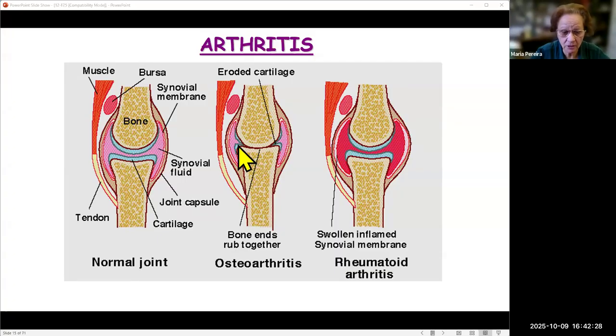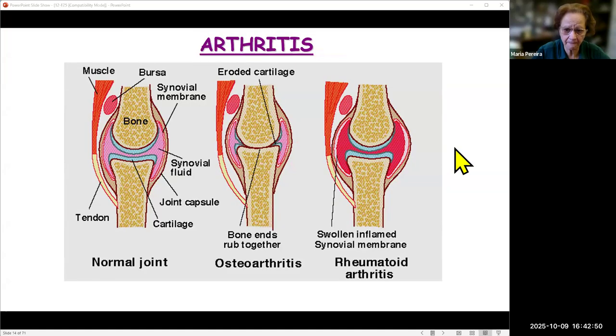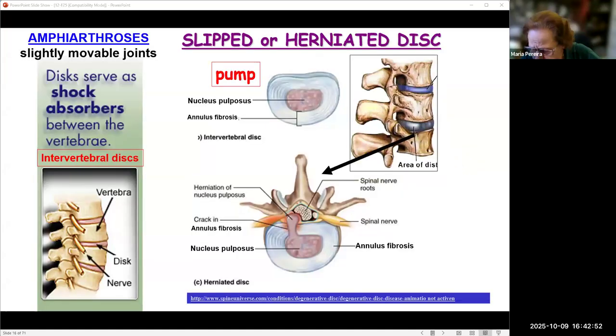Sometimes you can use surgery or also physical therapy to better align the position of movement. And here is rheumatoid arthritis, where you see the swelling of the synovial membrane that gives this kind of pannus appearance.